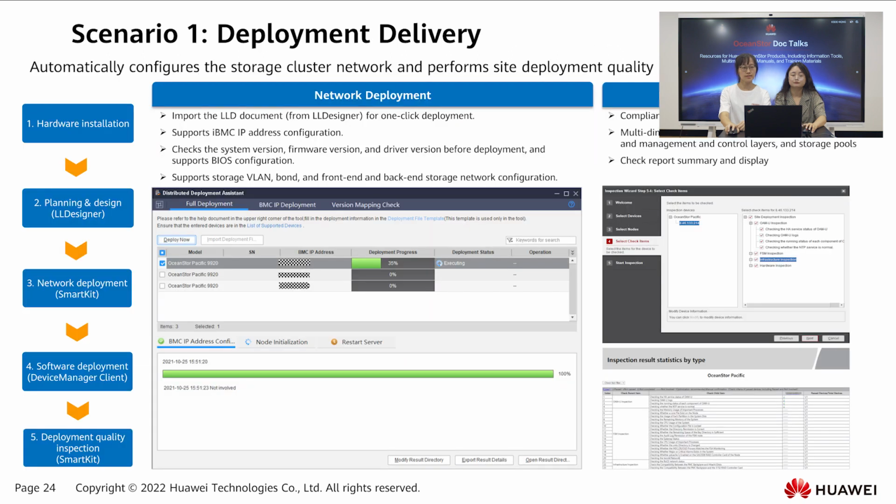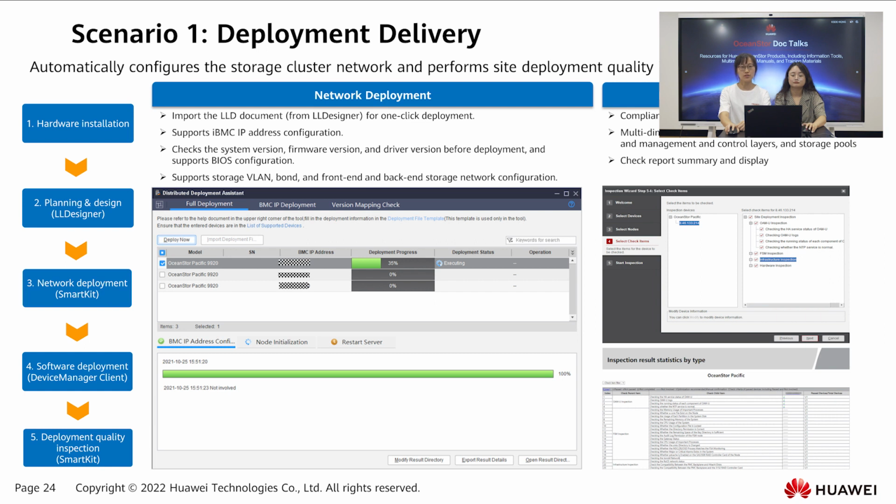During the deployment delivery of mass data storage, for example, the delivery on the left, SmartKit is mainly used for network deployment and deployment quality inspection. The distributed deployment assistant is used for network deployment, and the LLD tablet is used to deploy the cluster network.